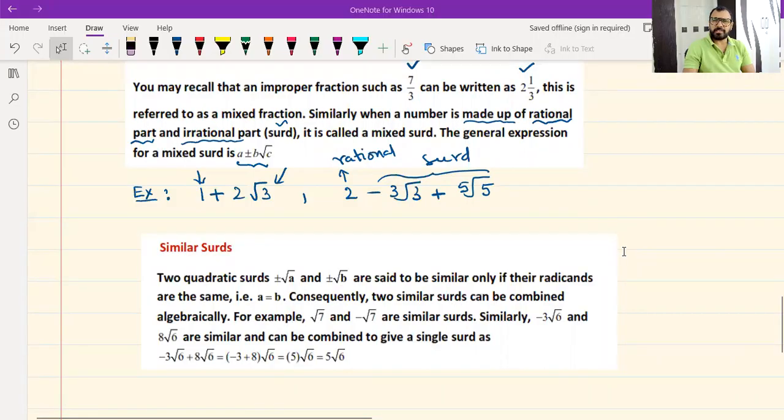So what are similar surds? Two or more surds are said to be similar surds if their radicands are equal. This A is called a radicand, and this root is called a radical.